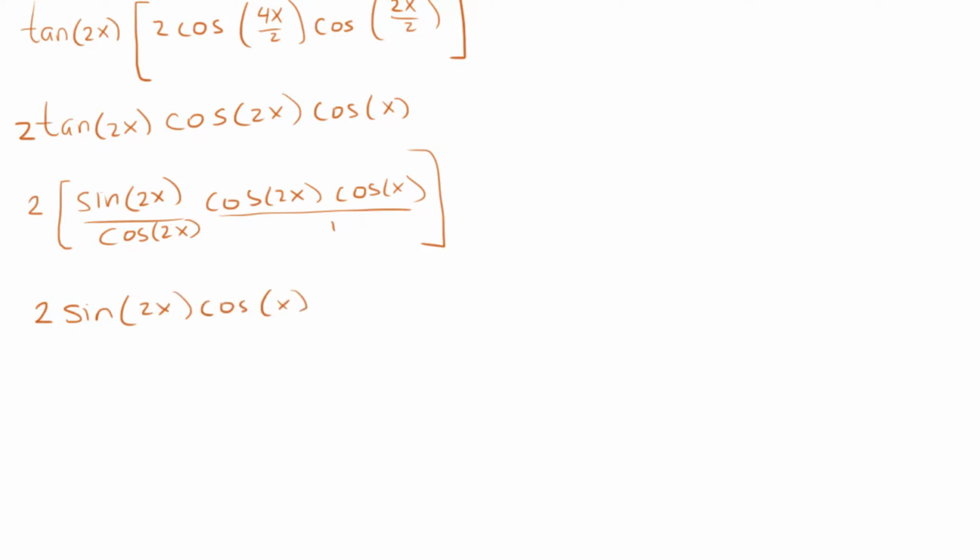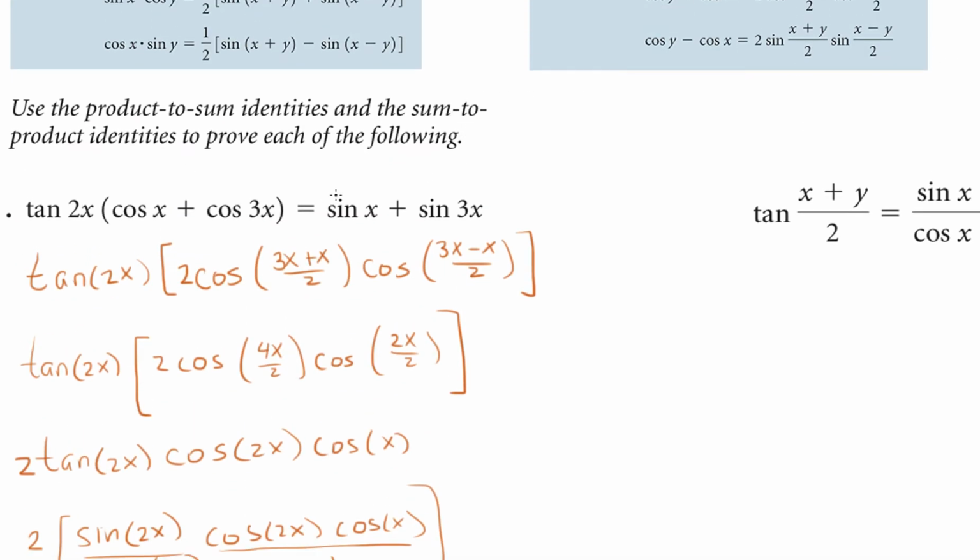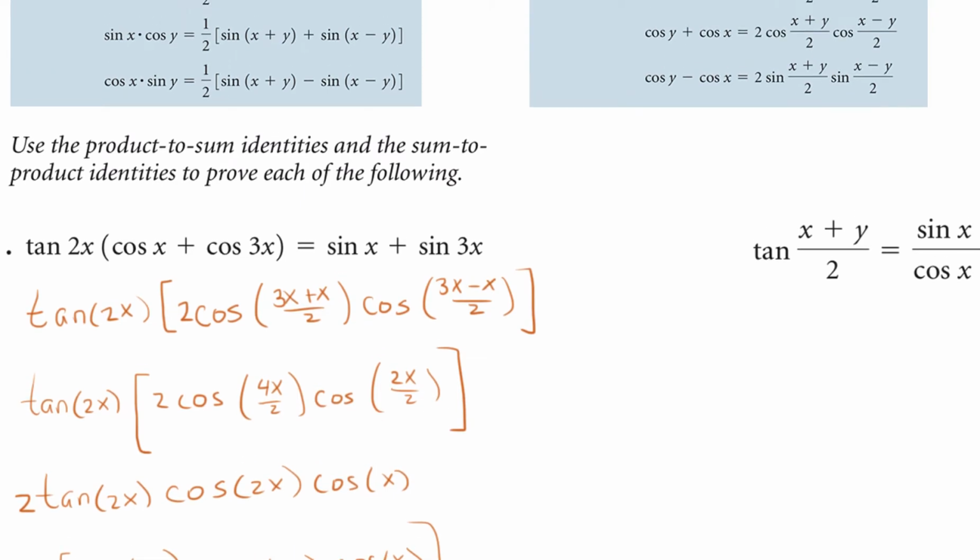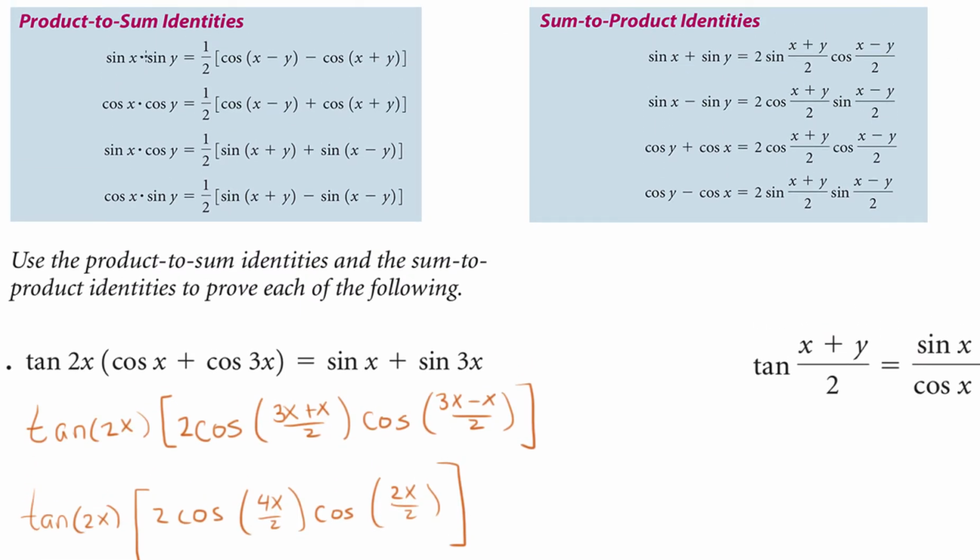Now notice where we are heading. We're heading to find that equal to sine of x plus sine of 3x. So I'm going to use a product to sum identity. The only ones that relate sine of x cosine of y are these two, and I'm going to use the third one because it's in the order of what we're dealing with.